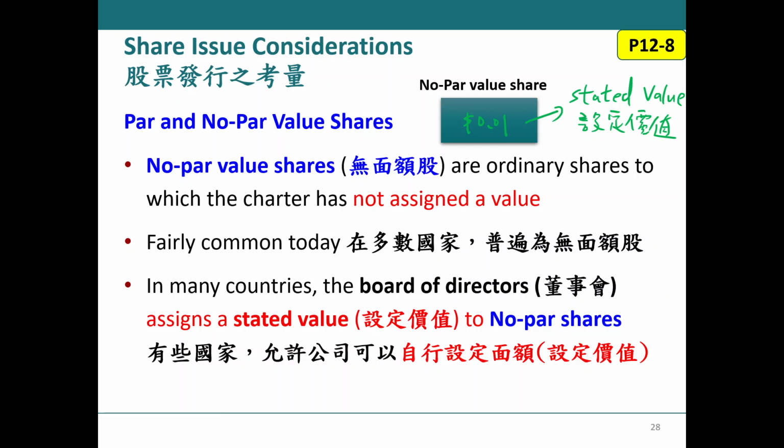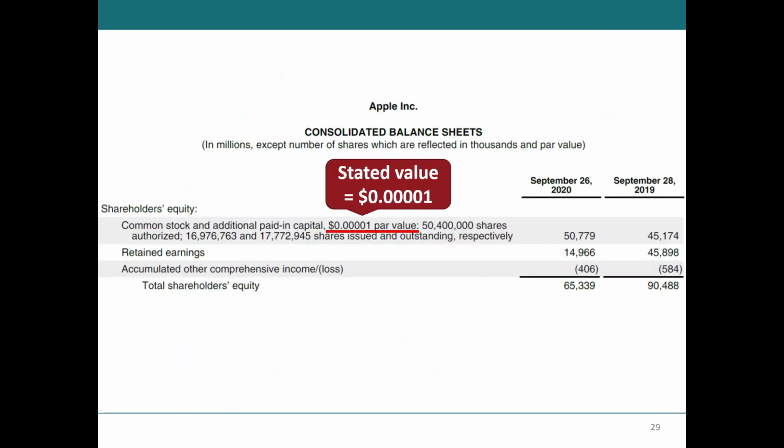For example, slide 29. This is for Apple company. Did you find the par value right here? What's the par value? 0.00001. This is the static value decided by Apple company. Apple decided to assign this number as their par value.